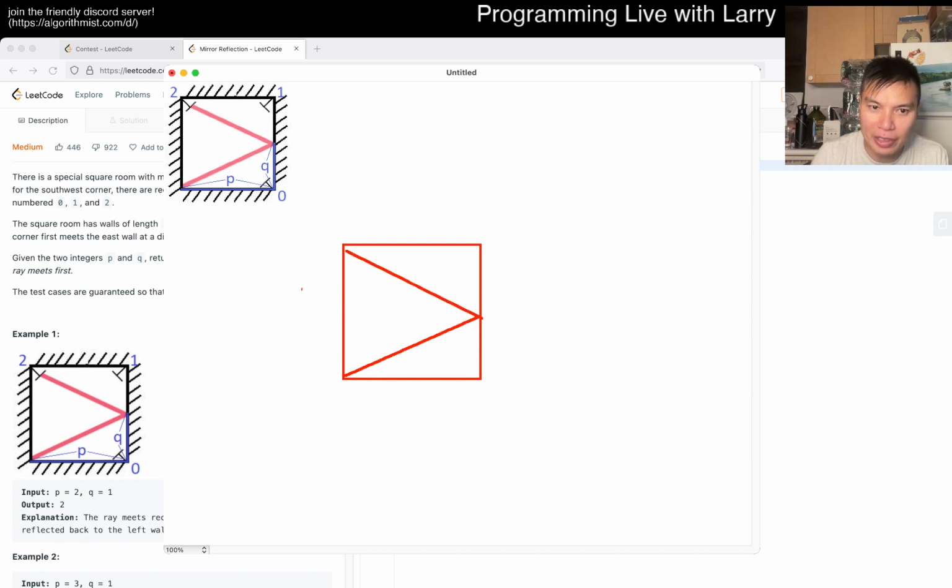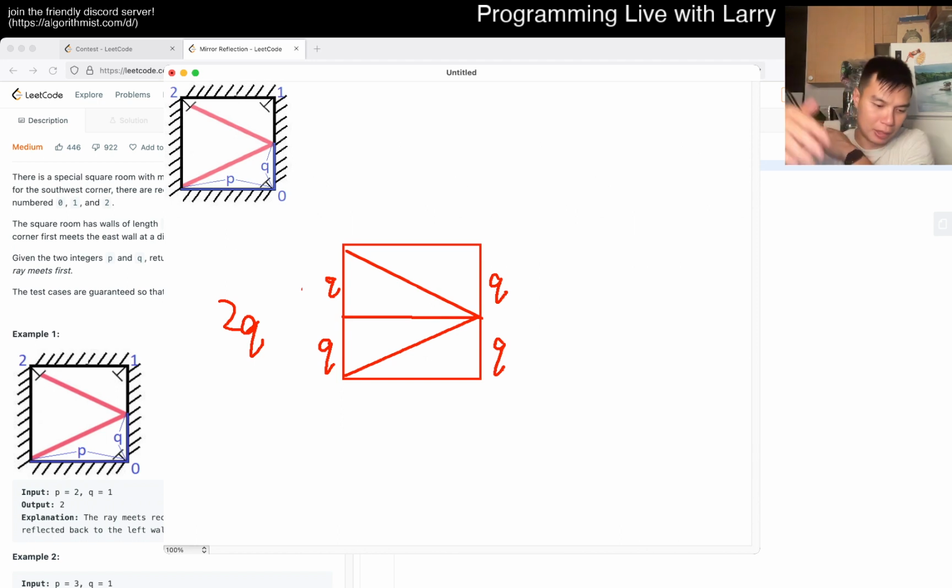So here you can say that this is Q, right? This is the Q, and you can also draw a line here to show that this is Q, which is obvious, but then that is just 2Q. And I think it doesn't take that much of a generalization to get to an even number of Q is 2.